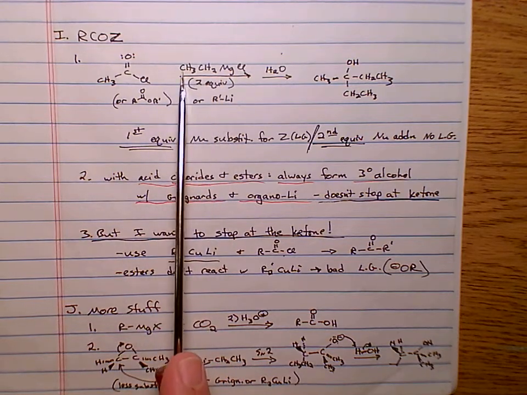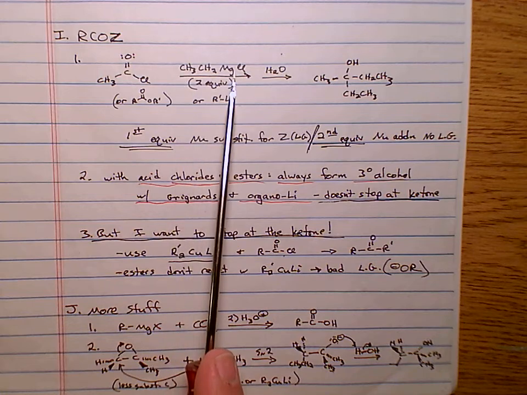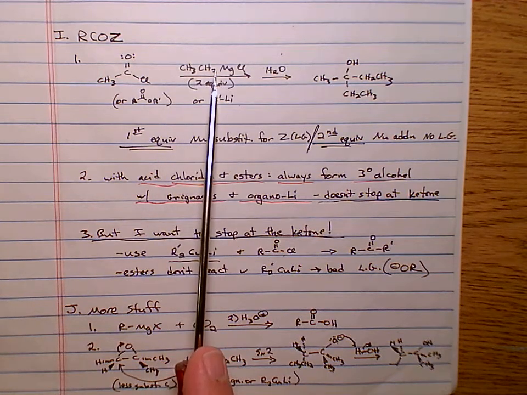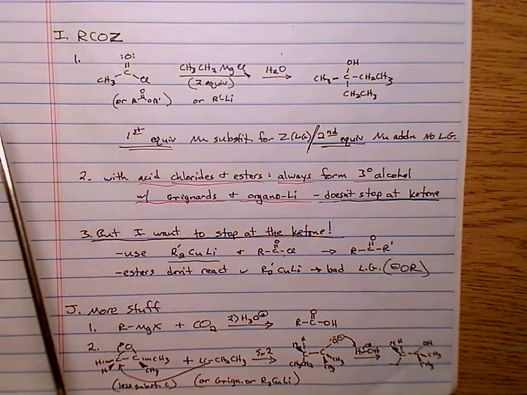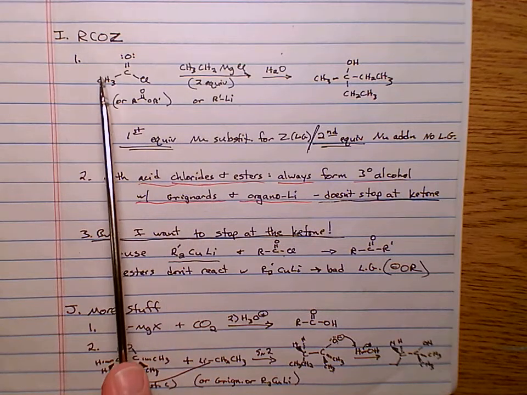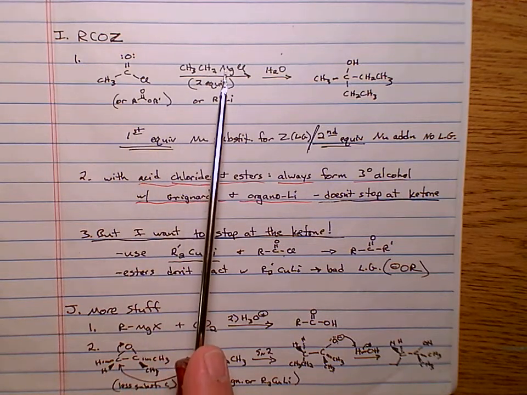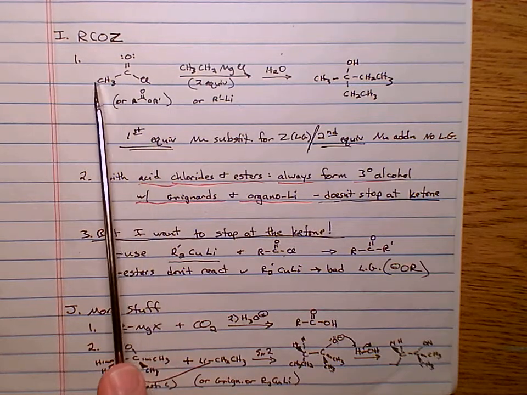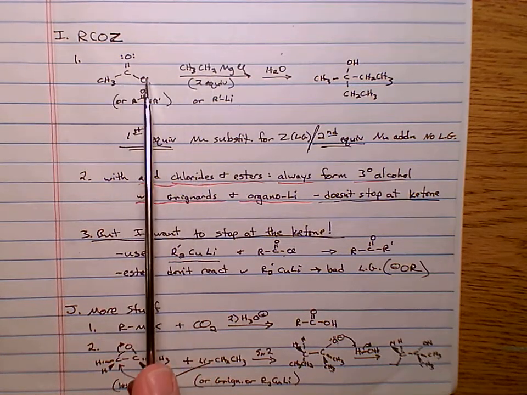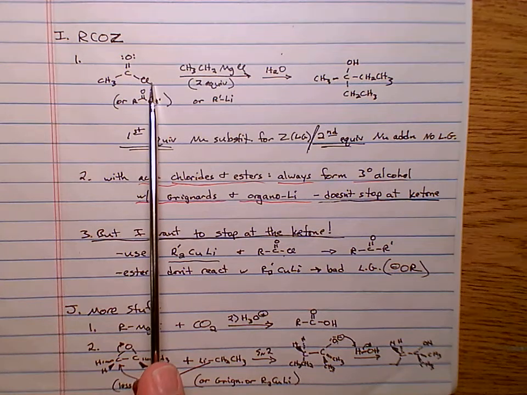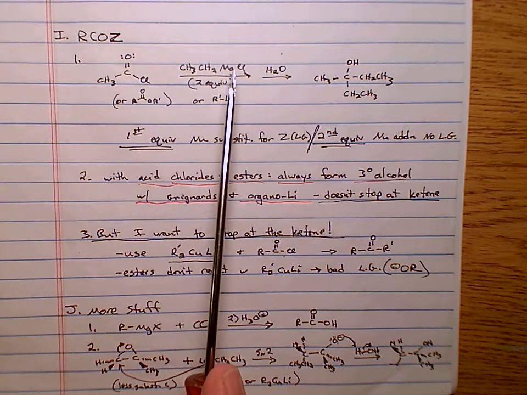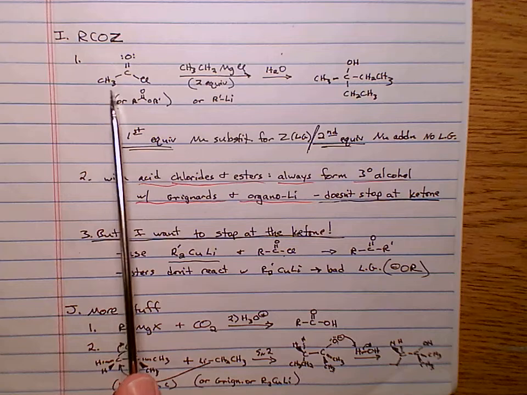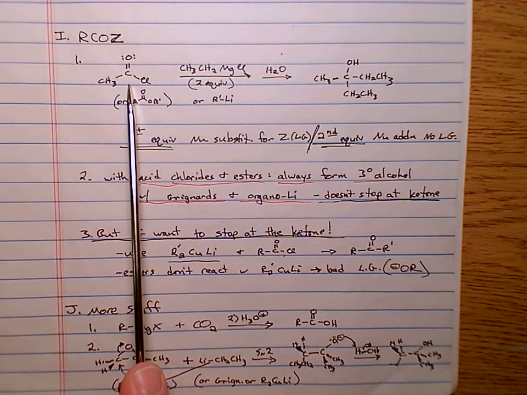If you only put in one equivalent of your Grignard reagent, we'll get a mess, because some of the Grignard reagent will attack this carbonyl and do the substitution to get our ketone here with the ethyl group on here. And now, sitting in solution, you have some unreacted starting material.